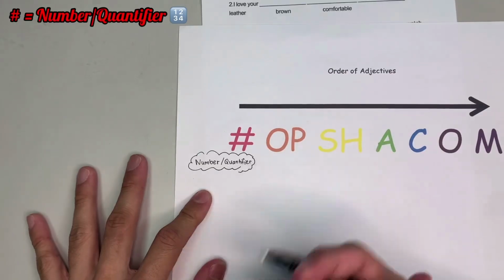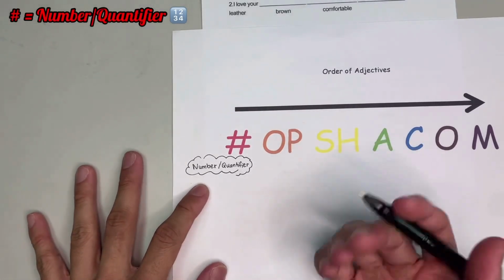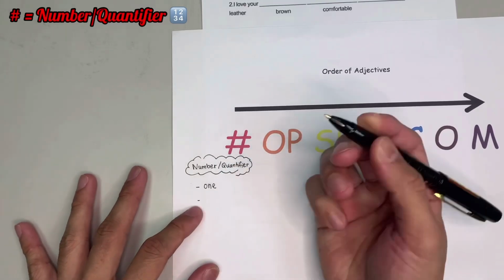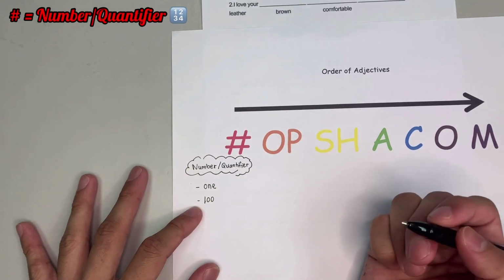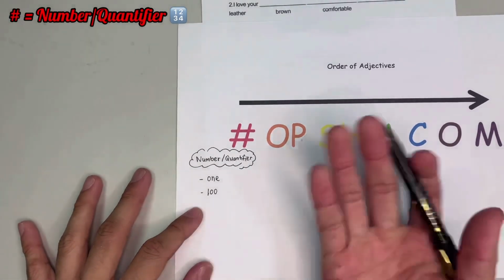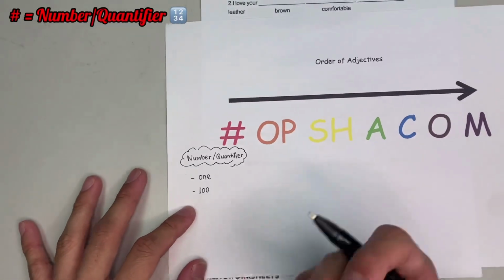How many? Example: 1, 5, 100, 1000. For example, there are 10 players in the imposter game. So 10 is the adjective showing the quantity of players.